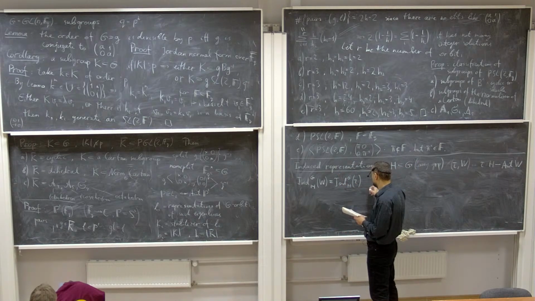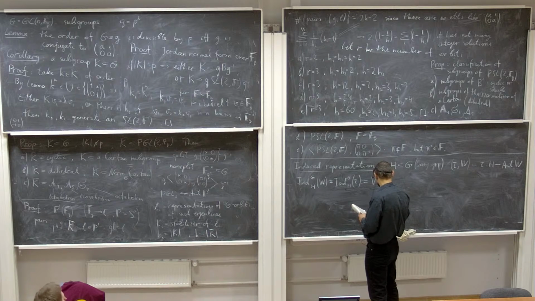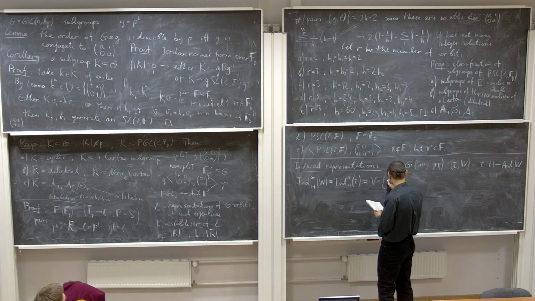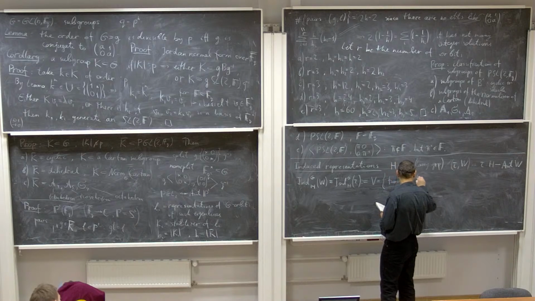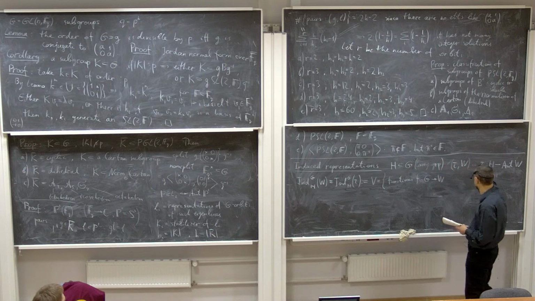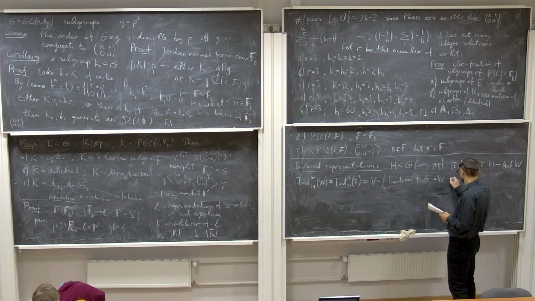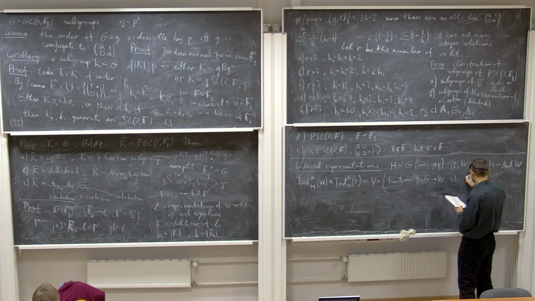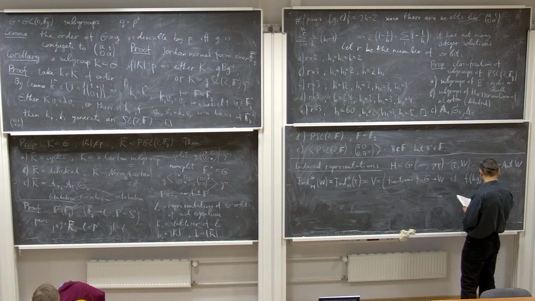So it is by definition a certain space V of functions f from G to this space of H module that are sort of equivariant with respect to the action of H. That is, f of hg is equal to tau of h f of g.